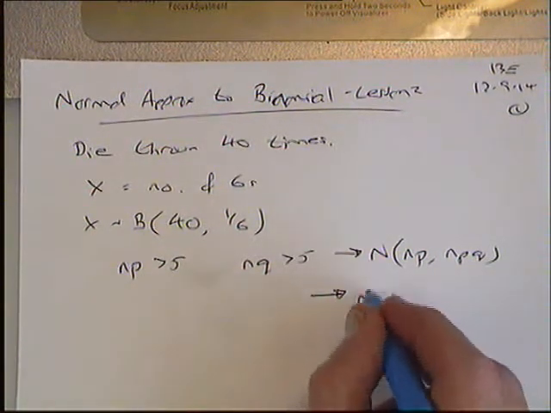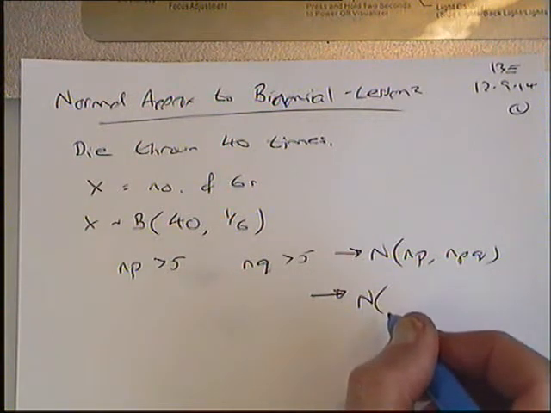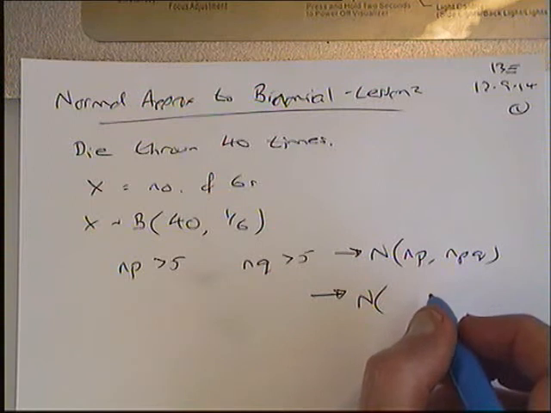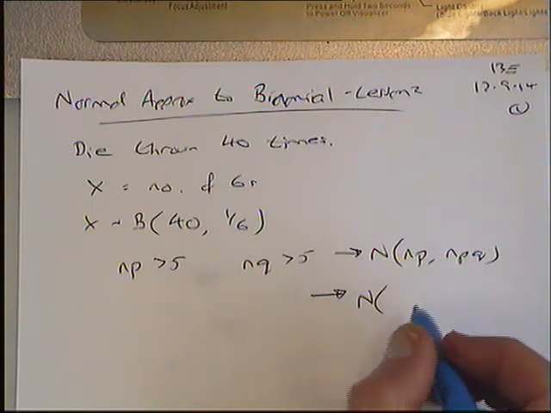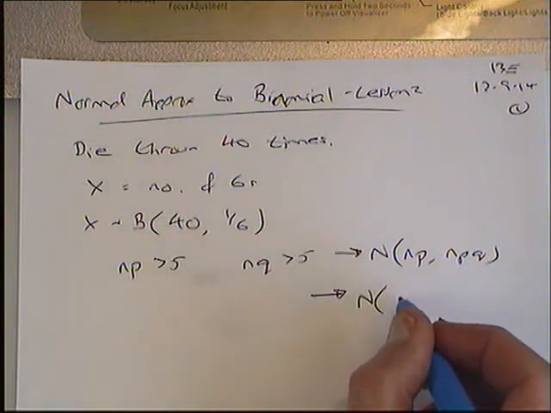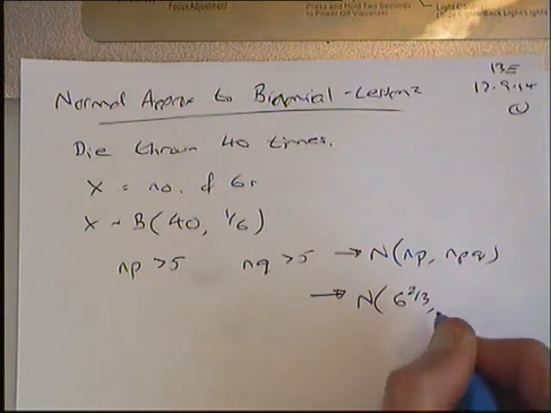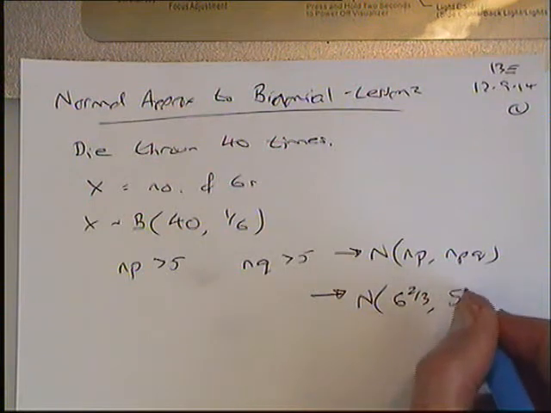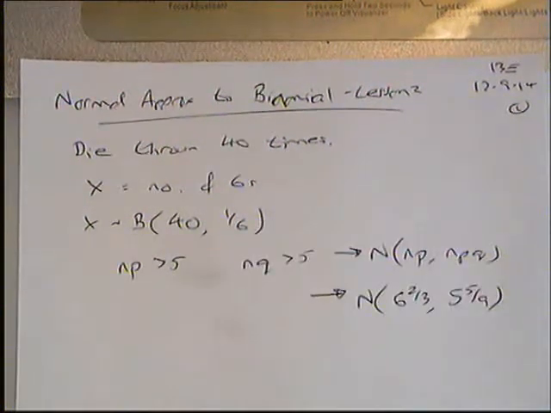So last time we came up with a normal distribution, and what were our two parameters? np was 6 2/3, and npq was 5 and 5/9. That's correct. That's what we had last time.